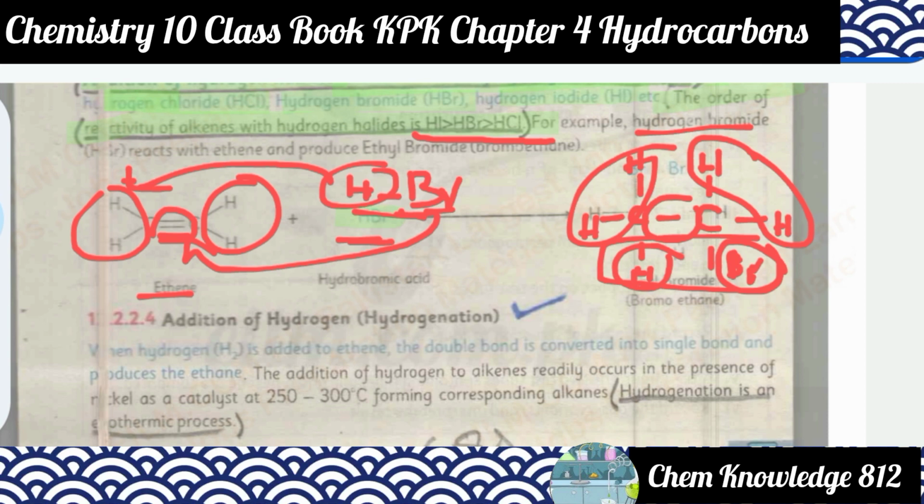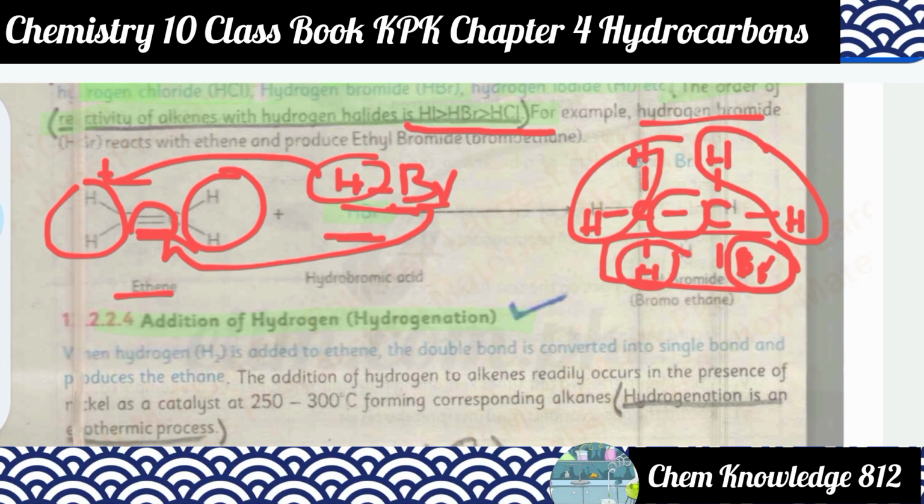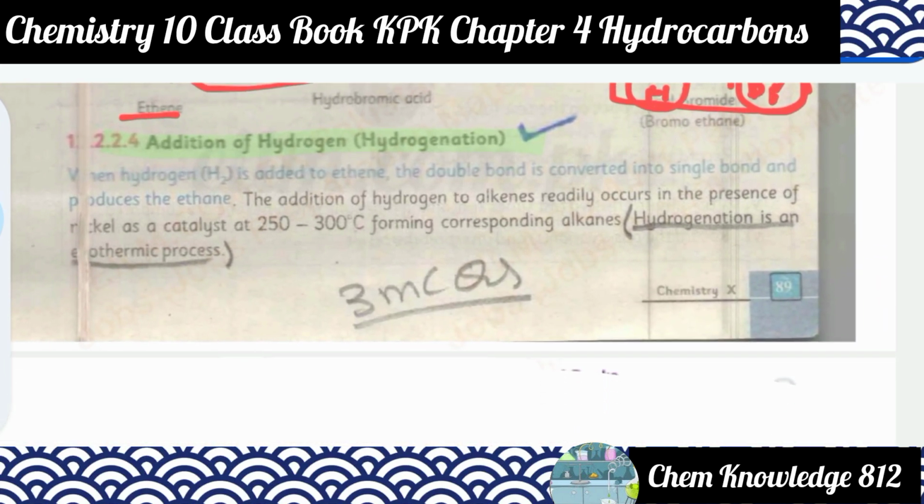So you can say this is the addition of hydrogenation. So what is hydrogenation? You can say when hydrogen is added to ethene, the double bond is converted into a single bond and produces ethane. So hydrogenation means if we add hydrogen to ethene, the double bond will break and a single bond will form. So we call this hydrogenation of alkene.